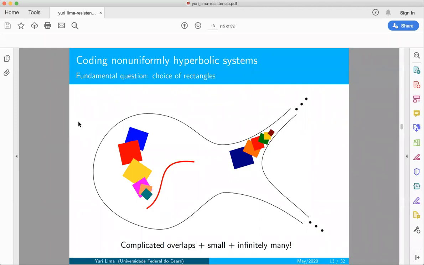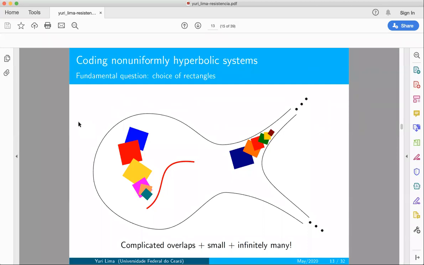And altogether, if you have to consider small rectangles, then in order to cover the whole phase space, you will need infinitely many of them. And that is the main reason that, contrary to the usual situation of smooth uniform hyperbolic systems, in which Markov partitions actually have finitely many rectangles, here we will need, in general, countably many rectangles to construct the Markov partition.